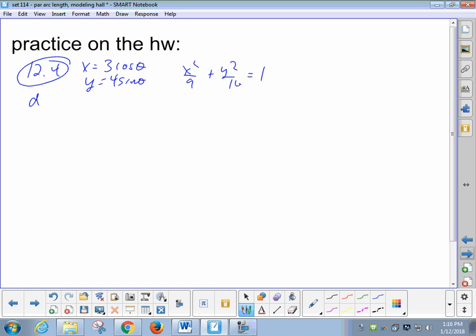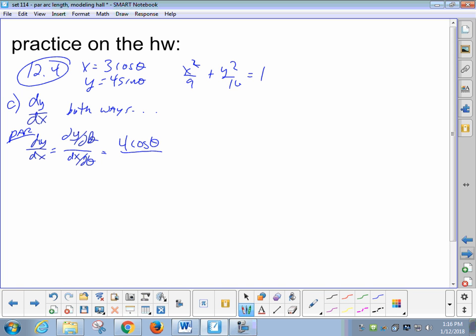Okay, gotcha. In part C, find dy/dx both ways and verify they're the same. If you do dy/dx parametrically, we do that by finding dy/d theta and dx/d theta. dy/d theta is 4 cosine theta, and dx/d theta is negative 3 sine theta.